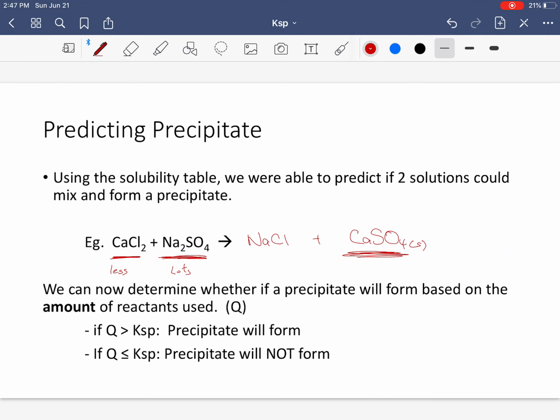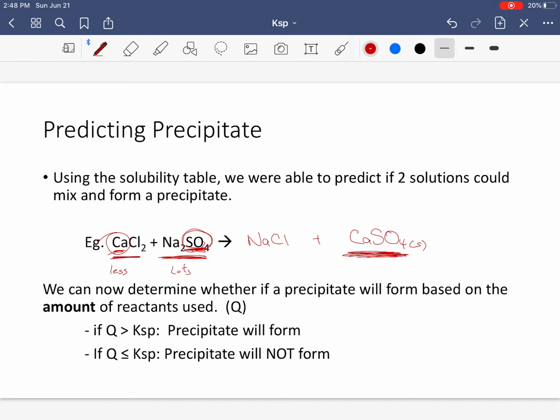Let's go back here. If you're given very little of this, but there's a lot of this, this reaction may not happen, because you may not reach that saturation point and beyond to create calcium sulfate.